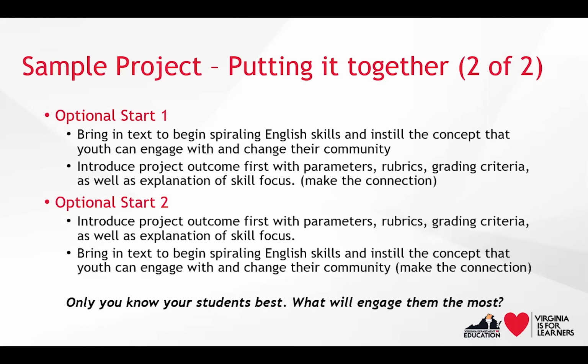Then we introduce the project outcome first. This is what I want you to make, and include the parameters, the rubrics, the grading criteria, as well as an explanation of the skill focus. This is making that connection.